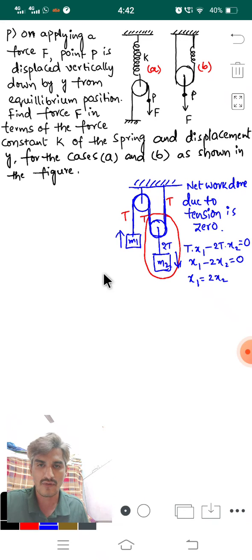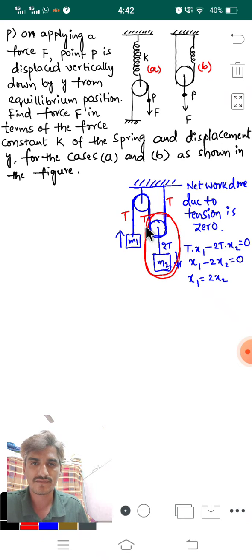Okay, now in this situation, you just apply the same thing to this one. Now if this string or M2 moves to a distance of y in the downward direction, which means that if x2 is equal to x, then what is x1?